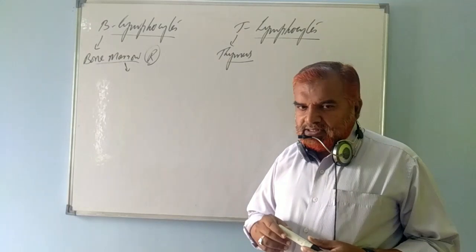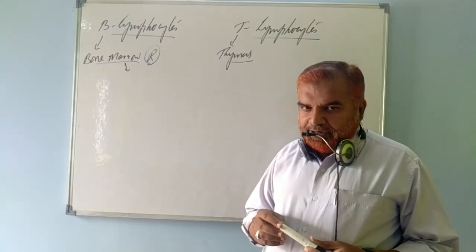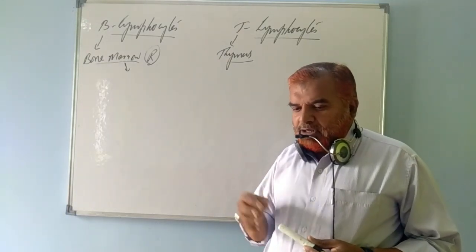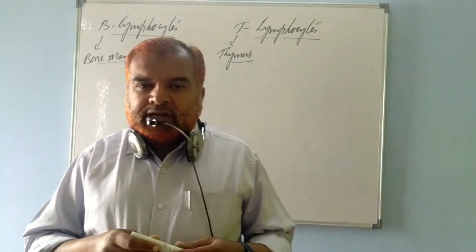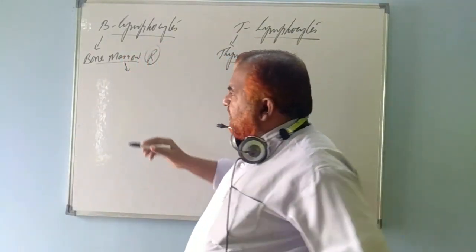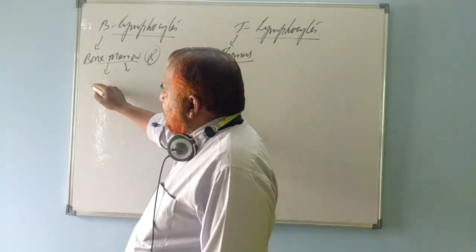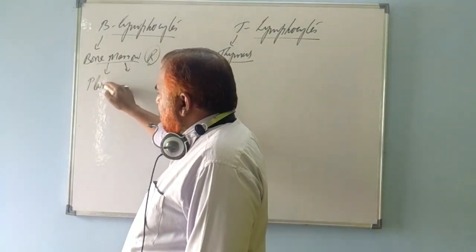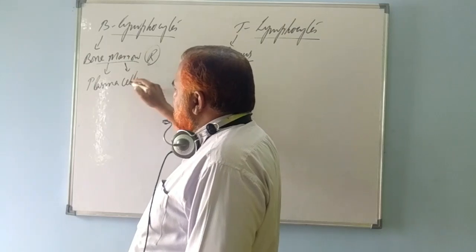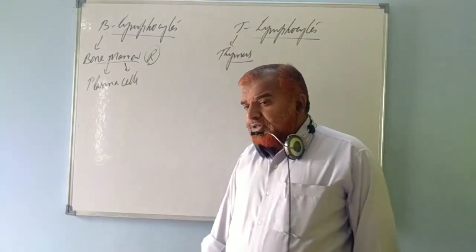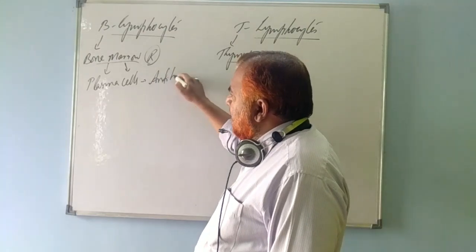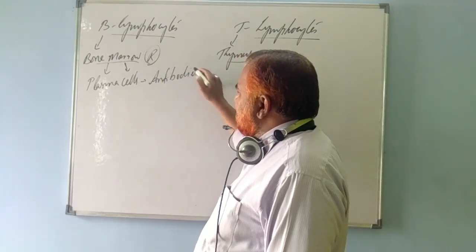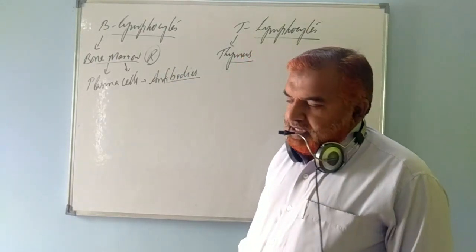All the blood cells are formed in the red bone marrow, because in the yellow bone marrow fat cells are stored, adipose tissue is stored. So here in the red bone marrow, B lymphocytes are produced. These B lymphocytes get differentiated into plasma cells. These plasma cells produce specific antibodies against the antigens.